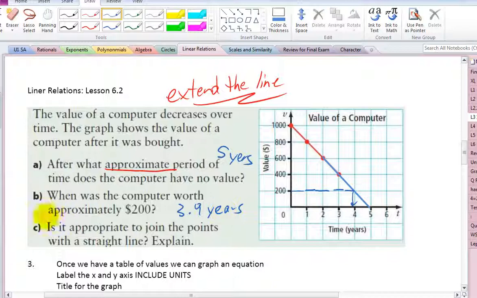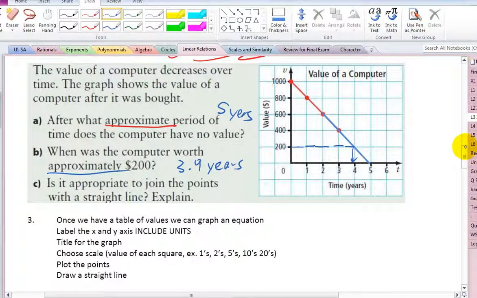Is it appropriate to join the points with a straight line? Well, you're measuring value and years. So I'd say yes, continuous data. Any questions?